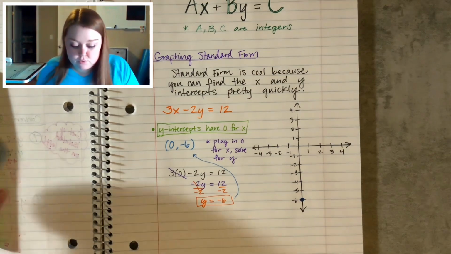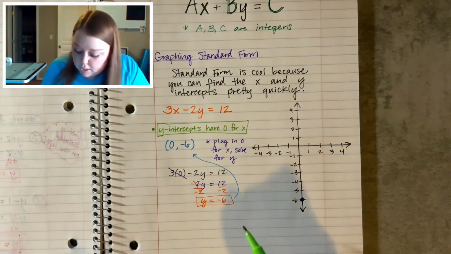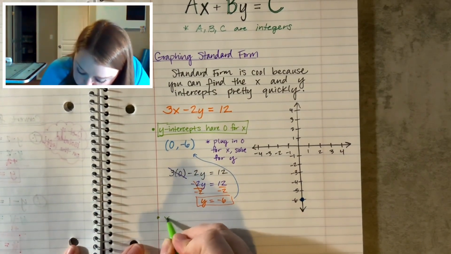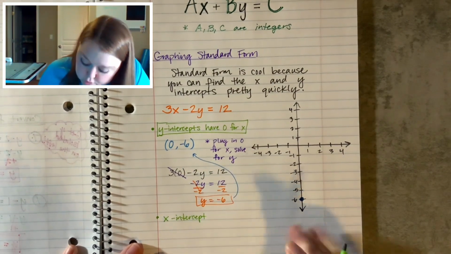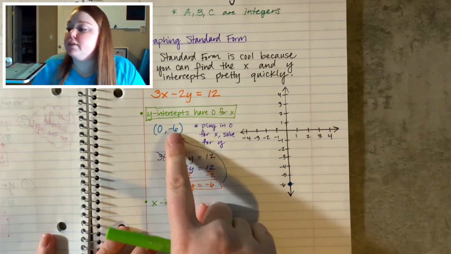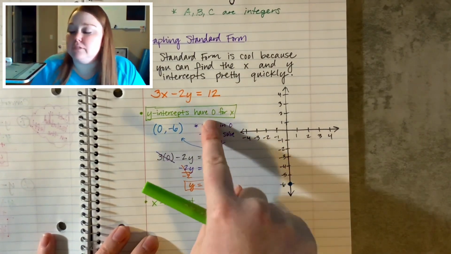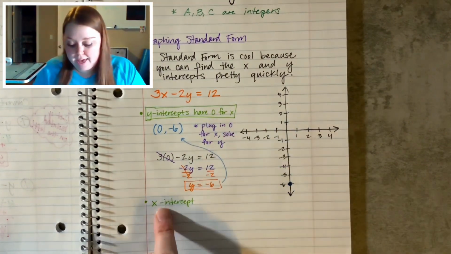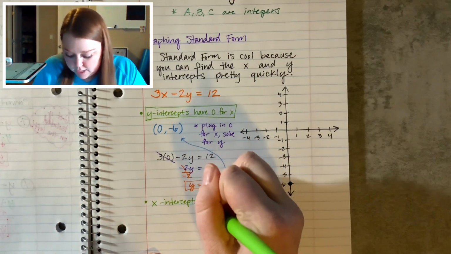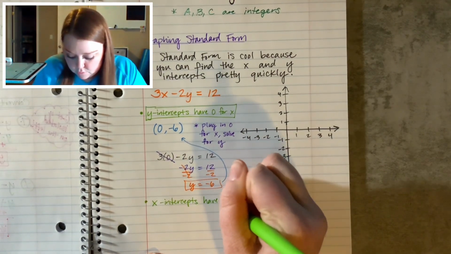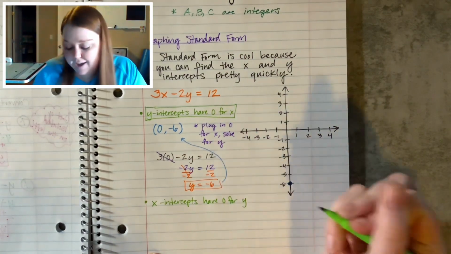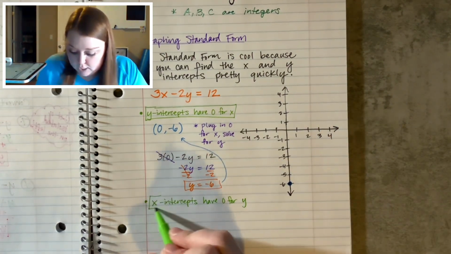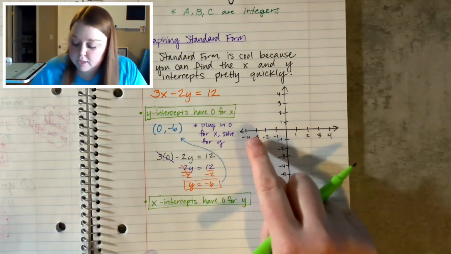Now we're going to do the same sort of thing and figure out what the x-intercept is. For y-intercepts, they have 0 for their x values. X-intercepts have 0 for what? They have 0 for their y values. Let's think about that.